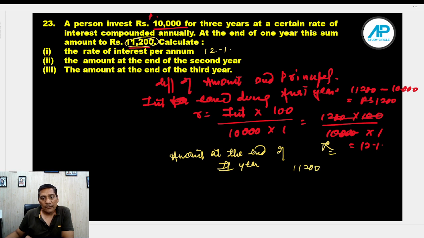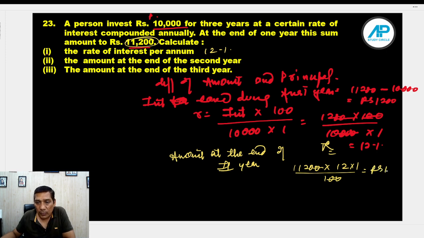This is the principal for the second year, rupees 11,200 into 12 into 1 upon 100. That gives me 112 into 12, that is rupees 1344. And then find the amount at the end of the second year.